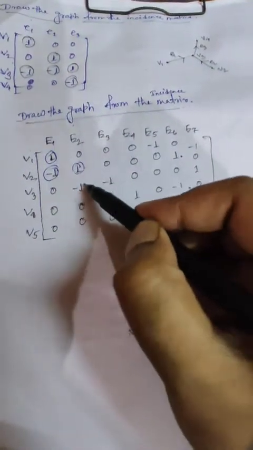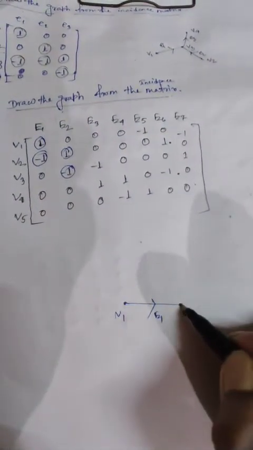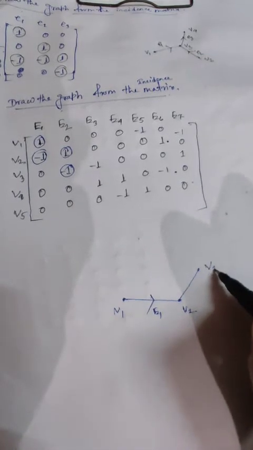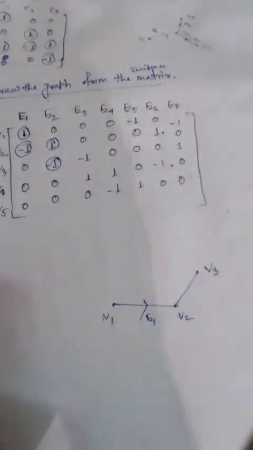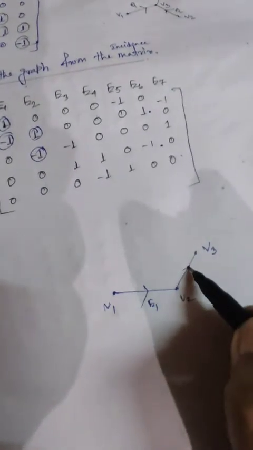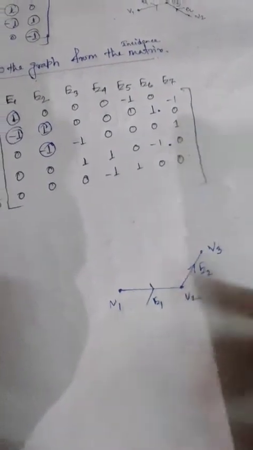Next E2, incident with V2 and V3, so this will be V3. This is incident with V2 and V3, and this will be E2.